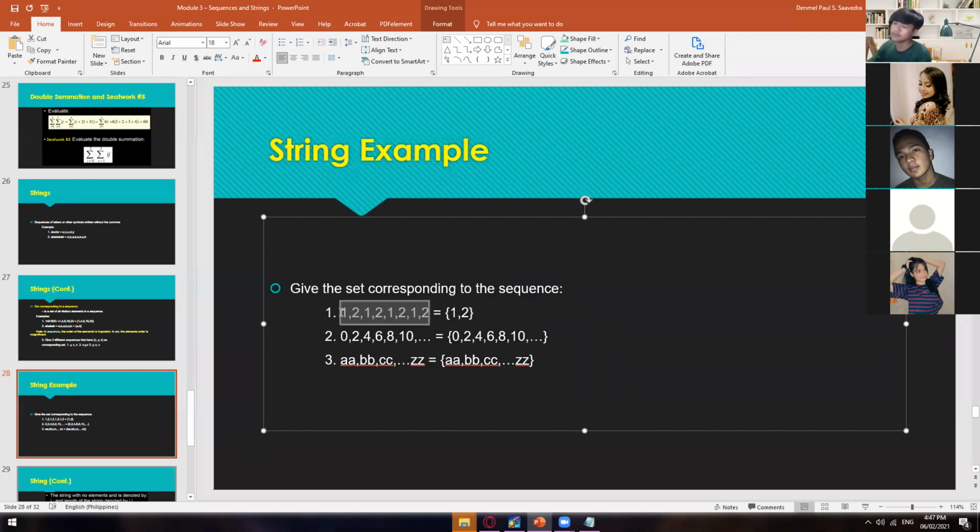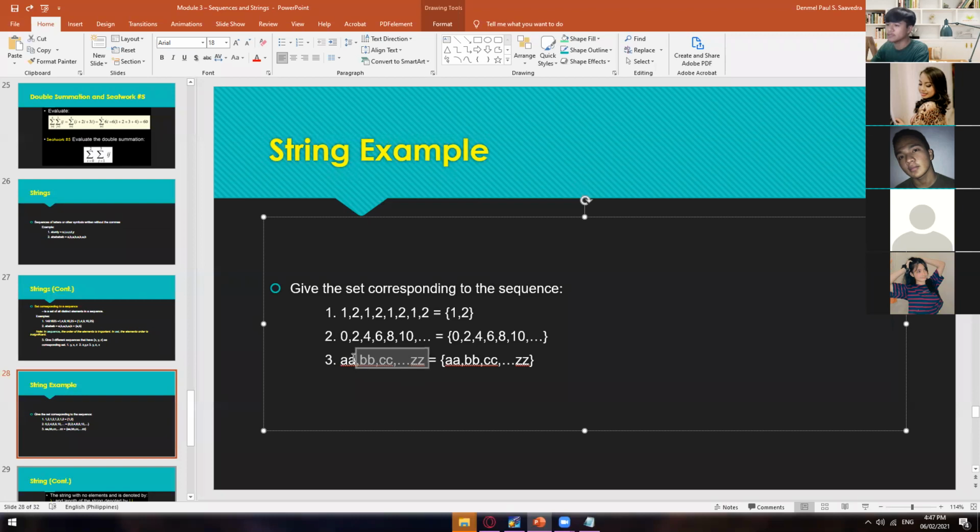In a sequence you can have as many ones as you have, as many twos as you have, but in a set there should be only one 1 and only one 2. And then we have here a sequence and then a set wherein everything is distinct, so you can just copy it as it is and then just enclose it inside curly brackets. And then the same with this one.